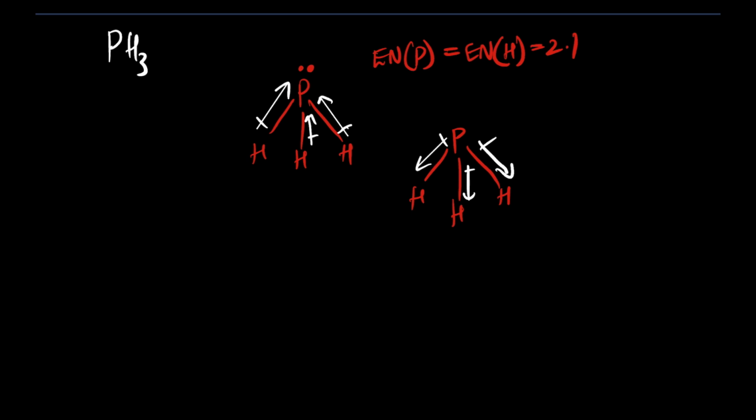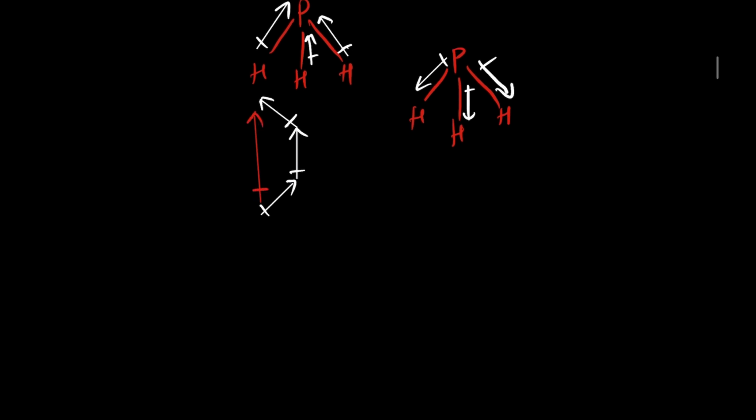So it's going to be that, and then this one, and then that one, right? So the net dipole moment will be from the tail of the first vector to the head of the last vector, right?